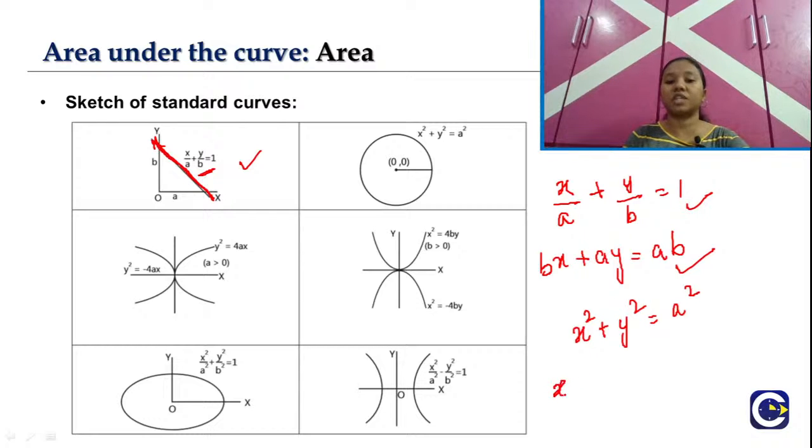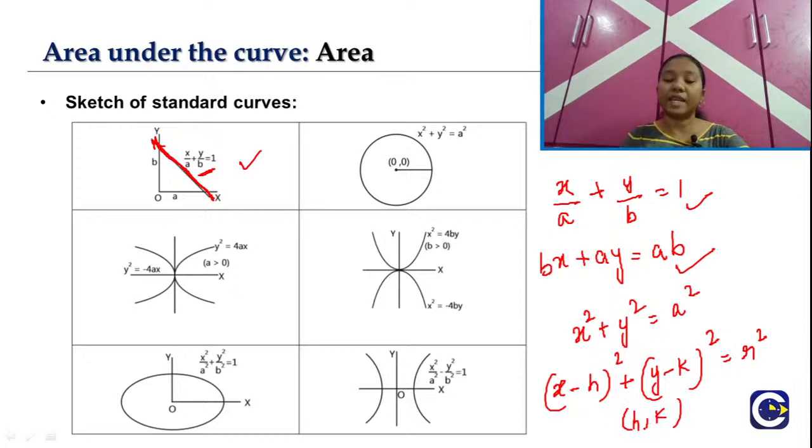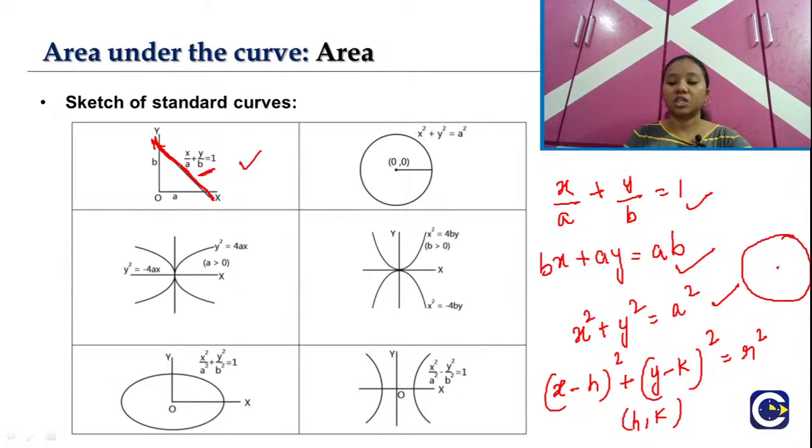If not, what will be our general equation of a circle? x minus h whole square plus y minus k whole square is equal to r square, where h comma k is my center and r will be the radius of that circle, right? So you know the shape of it. Once you figure out the given curve is a circle, you can directly draw it, predict the center first, and with respect to the center and radius, you can plot the figure of the circle easily, right?